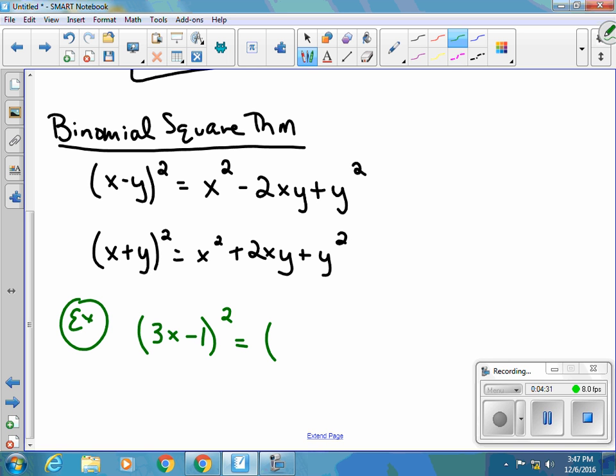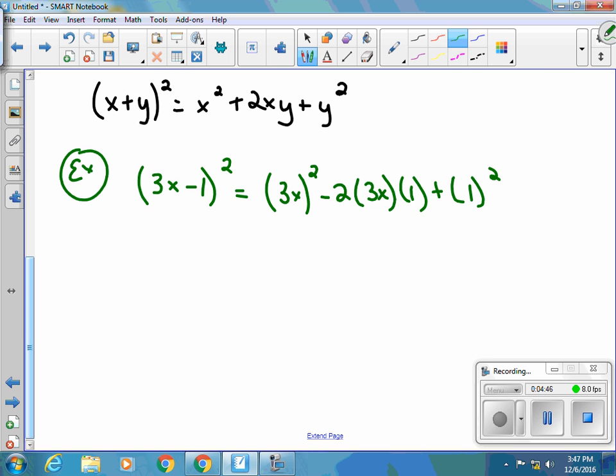This would be 3x squared minus 2 times 3x times 1 plus 1 squared. Notice you don't have to take into account the negatives; it already does it for you. So we would have 9x squared minus 6x plus 1.